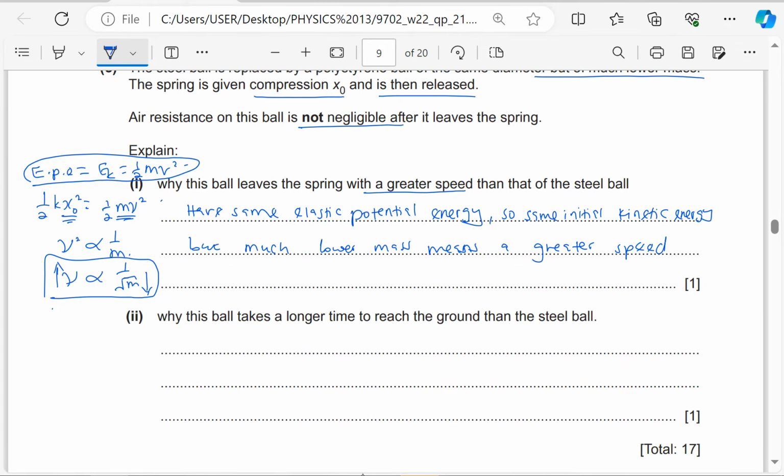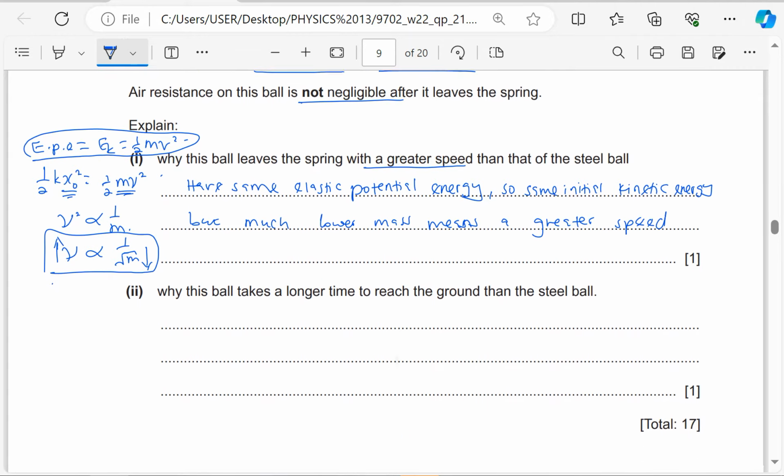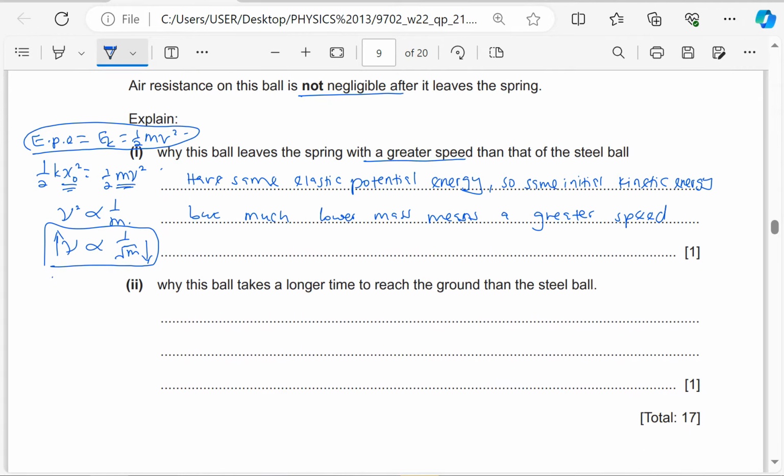Why does this ball take a longer time to reach the ground than the steel ball? If the ball is falling in air, it is falling due to its weight. The force due to air resistance is in the opposite direction.